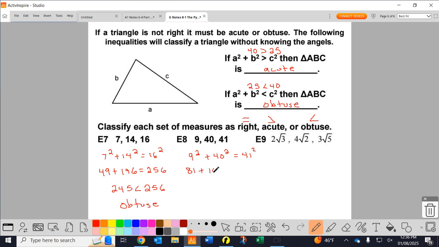You're going to have to tell me that one. 1681. Oh, okay. Well, look. What's 81 plus 1600? 1681 equals 1681. And since they're equal, what kind of triangle does that make it? Right. If they're equal, it is a right triangle.